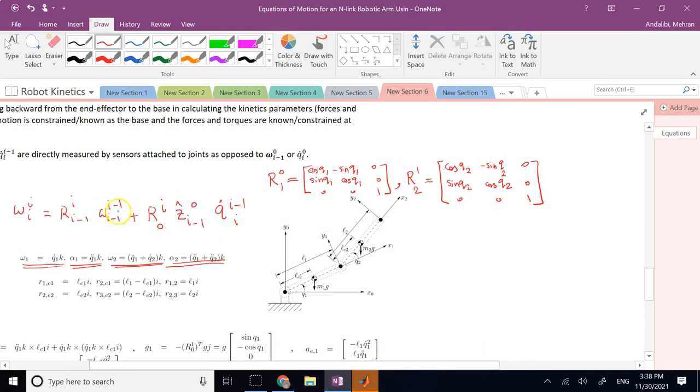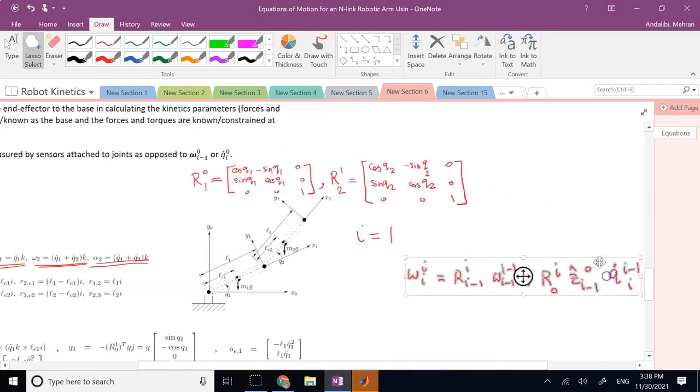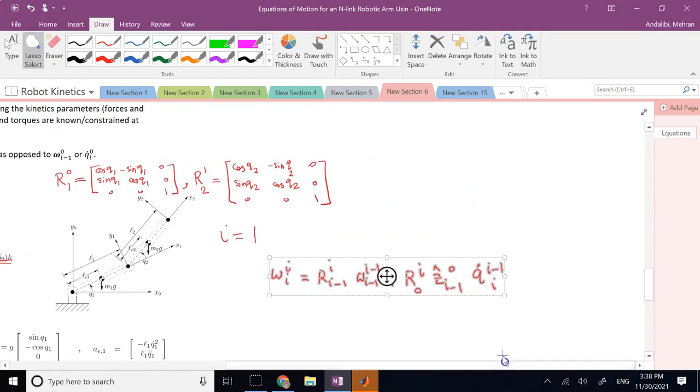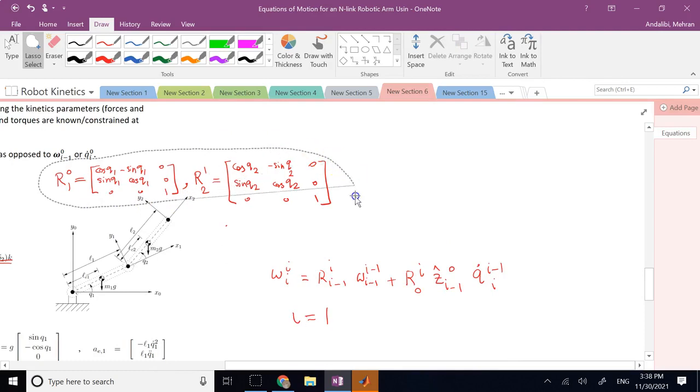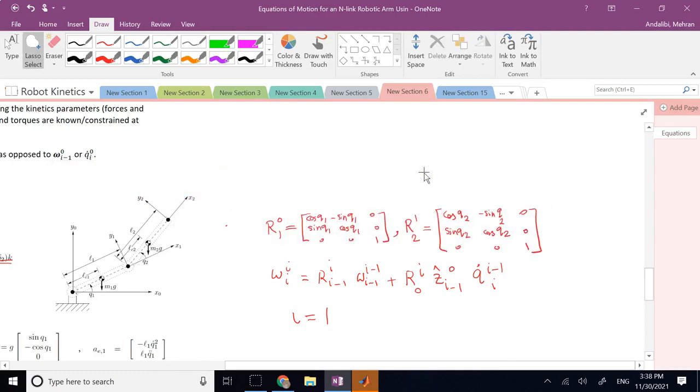Right? So these are the R's that you need. Now, what is omega of 0 measured in 0? Well, of course, it's 0. So let's plug in I equal 1 into that equation. What's going to be the result? Well, omega of 0 in 0 is the omega of the base. The base doesn't rotate.